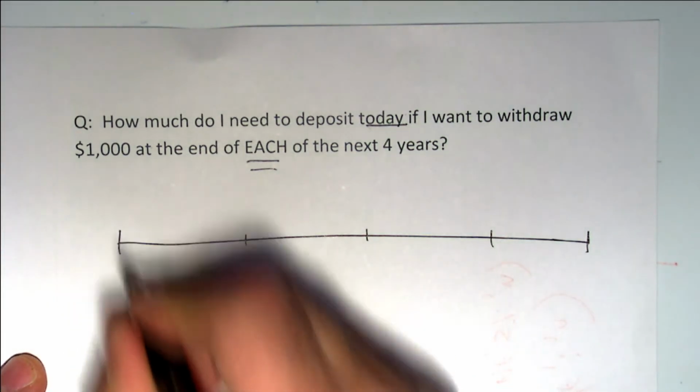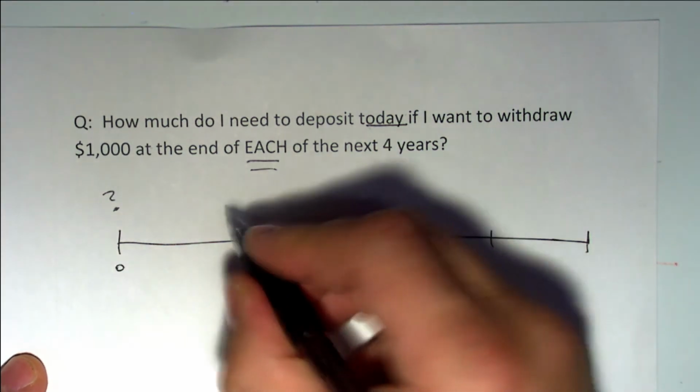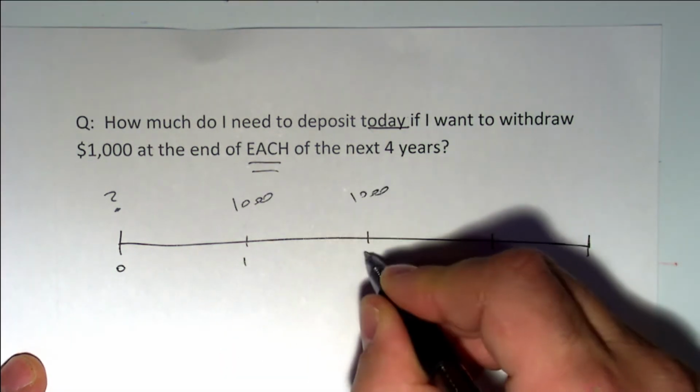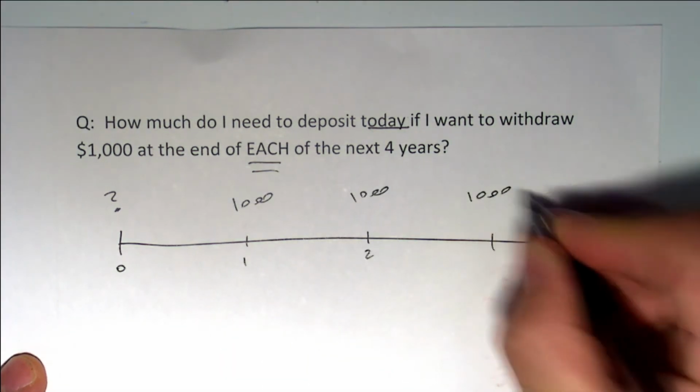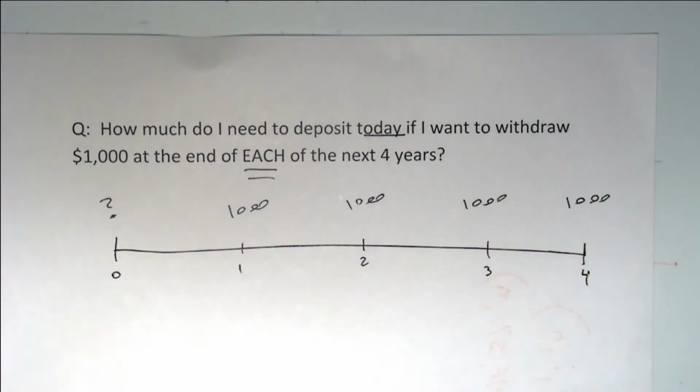How much do I need to deposit today if I want to withdraw $1,000 at year 1, $1,000 at year 2, $1,000 at year 3, and $1,000 at year 4? That's the question. Now, read that over, take a look at that timeline.